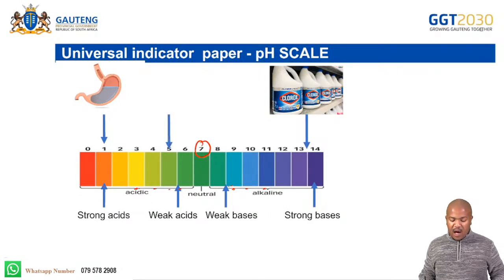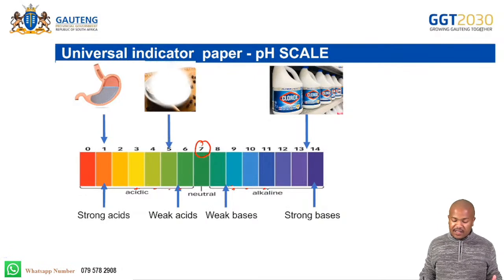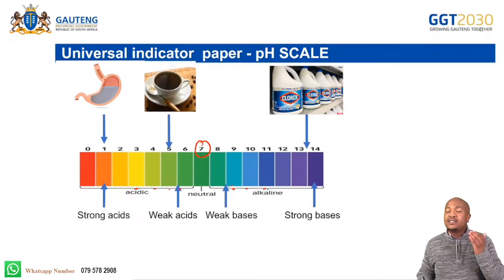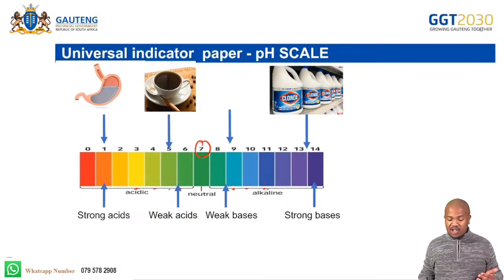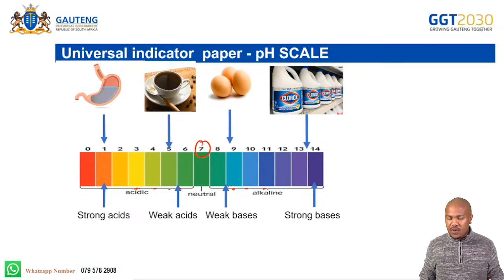We have weak acids along 5 and 6, which can be our tea that we can drink. It is not a strong acid because we are able to drink it. On weak bases, we find substances such as eggs, that we are able to eat, and they taste bitter as well.